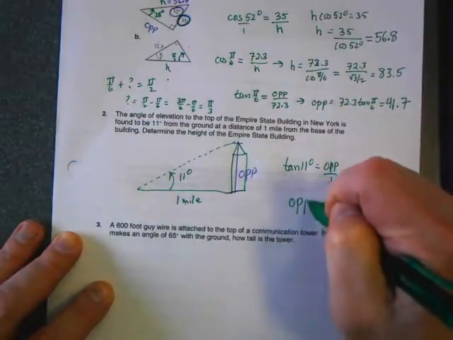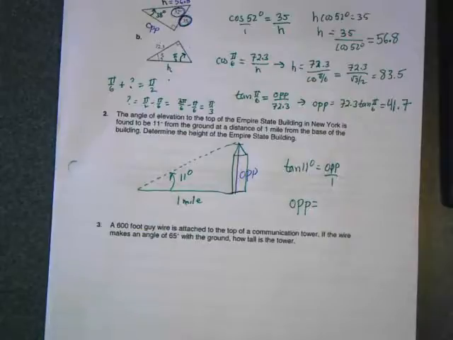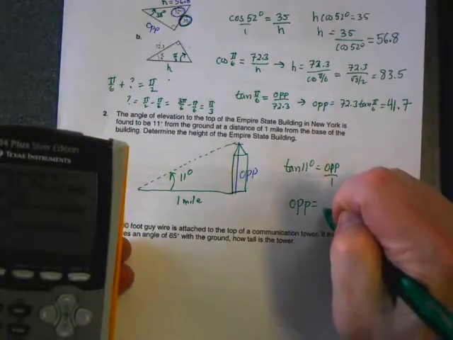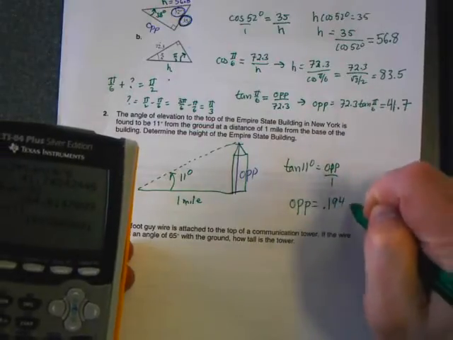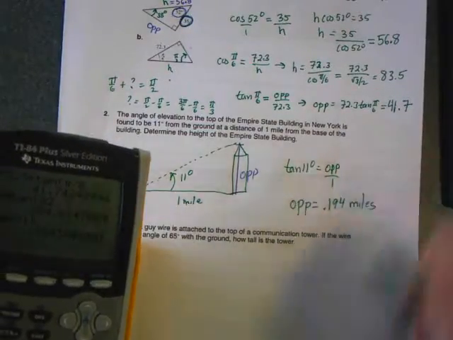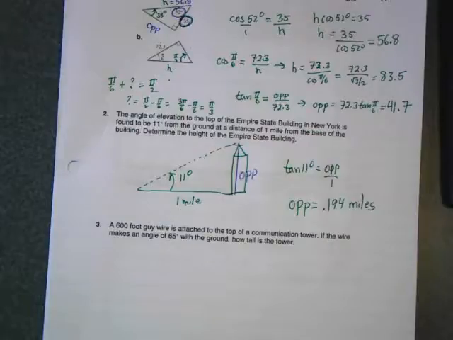So the opposite side, the height of the building, is tangent of 11 degrees, which is 0.194, and the units on that would be miles. About 0.2 of a mile tall. That's pretty impressive. How many feet is that?